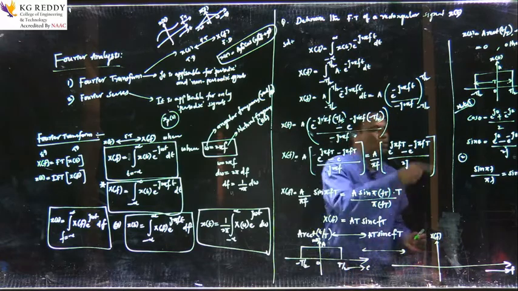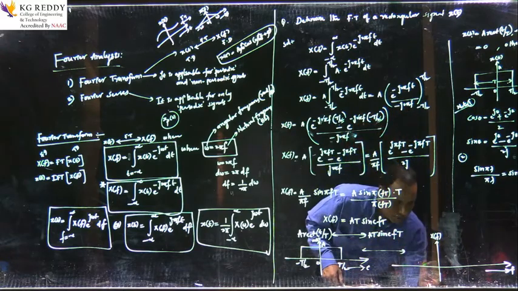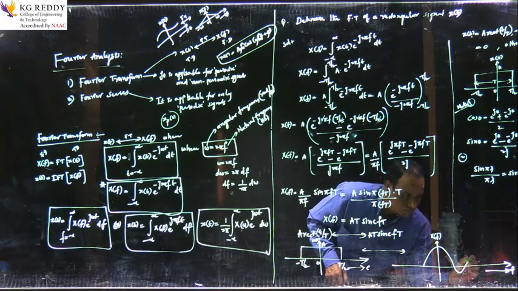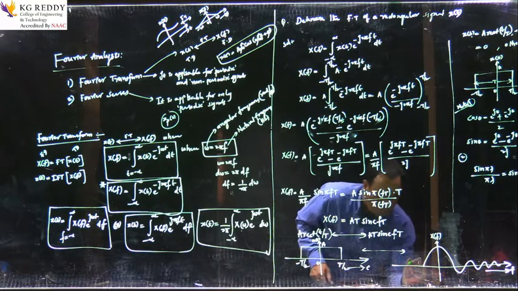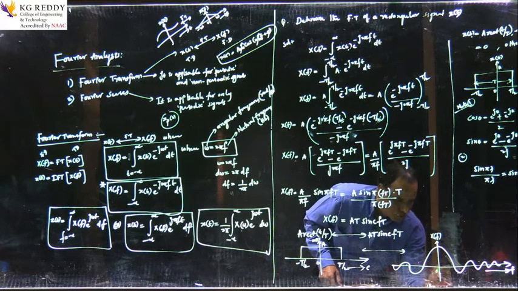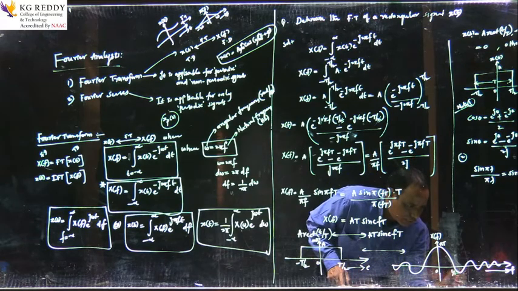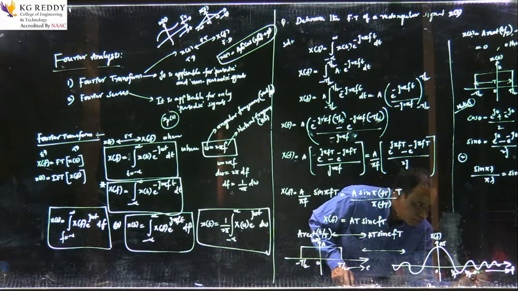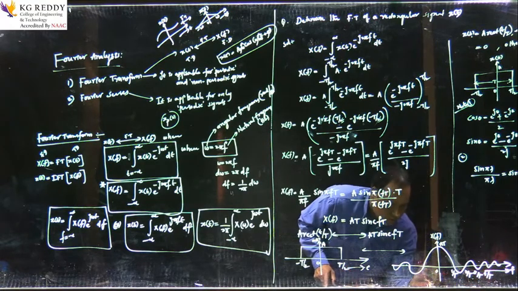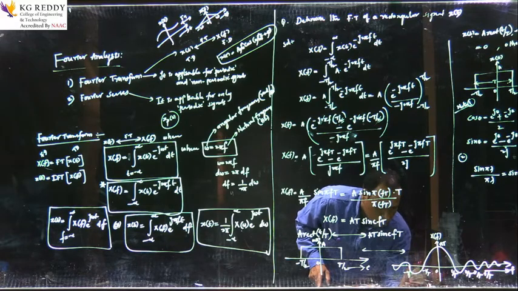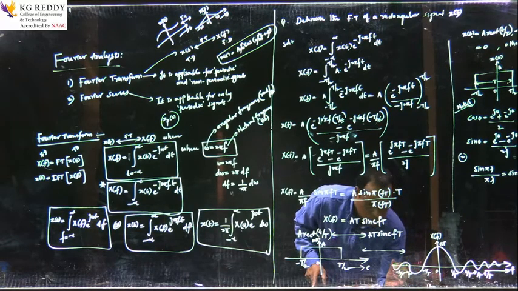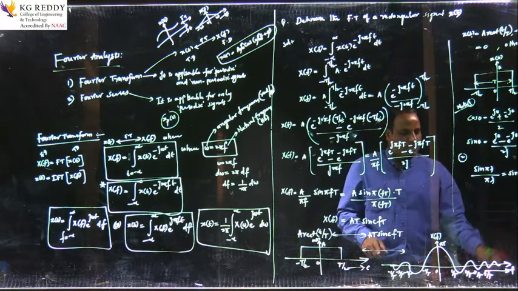You know the sinc function looks like this, a T sinc fT. This is f, and it keeps on decreasing and it becomes 0 at origin.